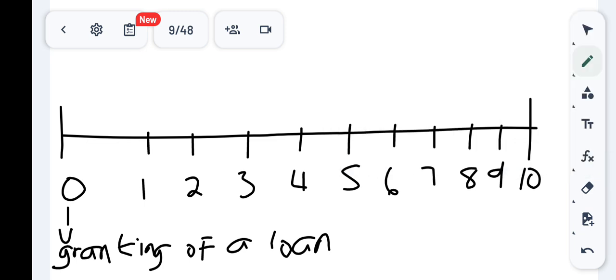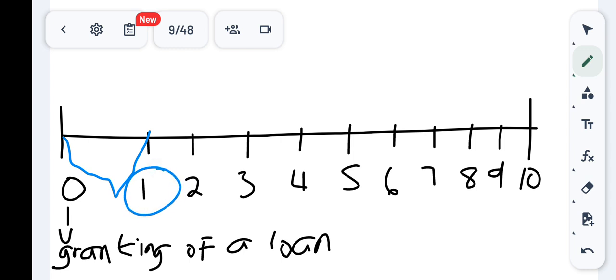What am I saying? I'm saying there should be a gap between the granting of a loan and the first payment or repayment. Let's say that I am doing a repayment in 1 month's time. It means I will start to repay my loan at T1.